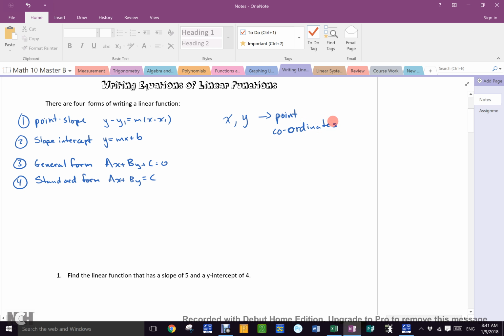And it can sub into any form. General form. Any form. If you have any point on the graph, it doesn't matter what one you have here, the x and the y can go in there.